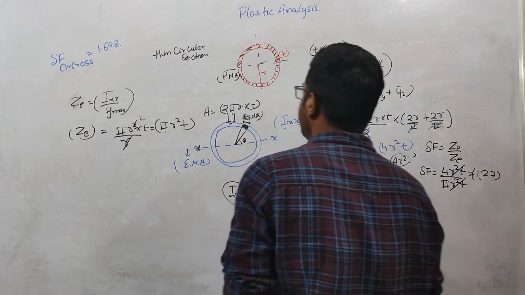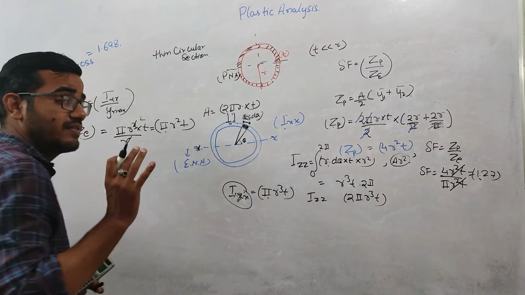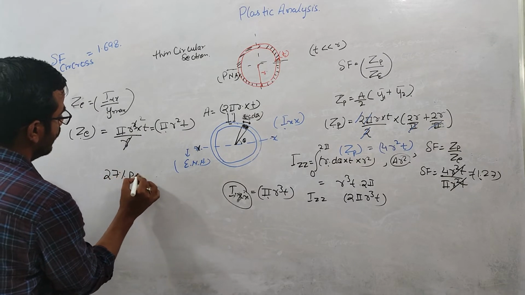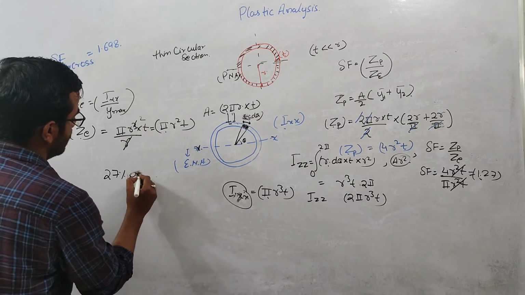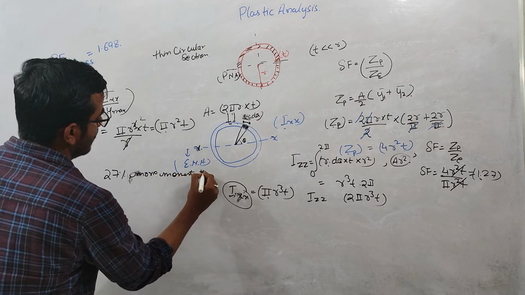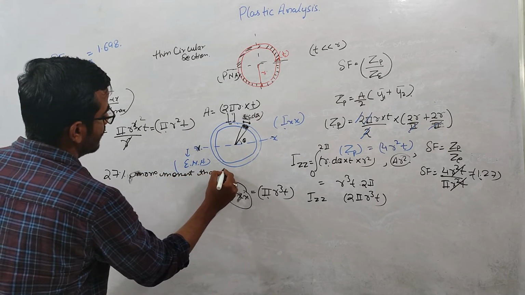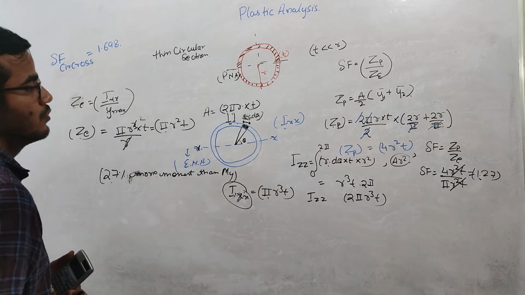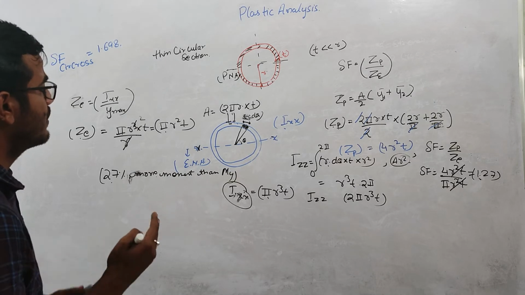Okay. So this circular cross section can sustain 27% more moment than the yield moment, which is basically My. So this is the significance of the shape factor.